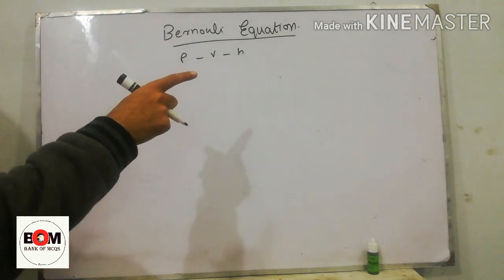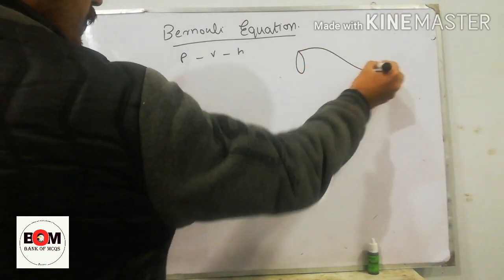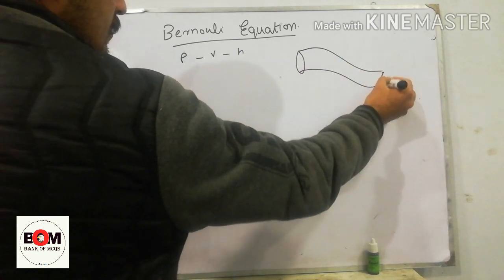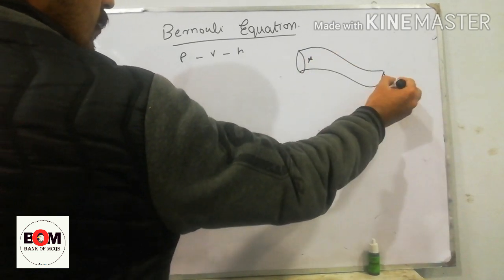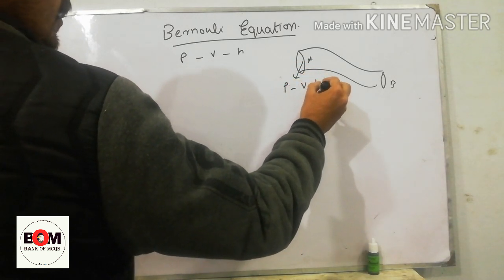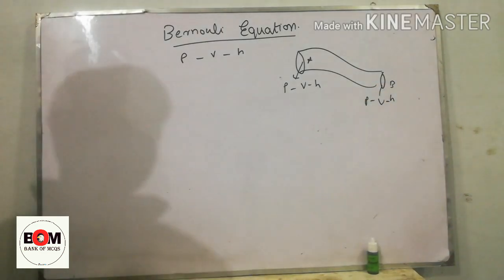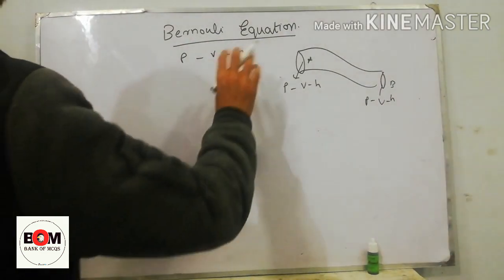If we have two points in a moving fluid, that is point A and B, to relate the pressure, velocity and height at point A to those at point B, we will use the Bernoulli equation.